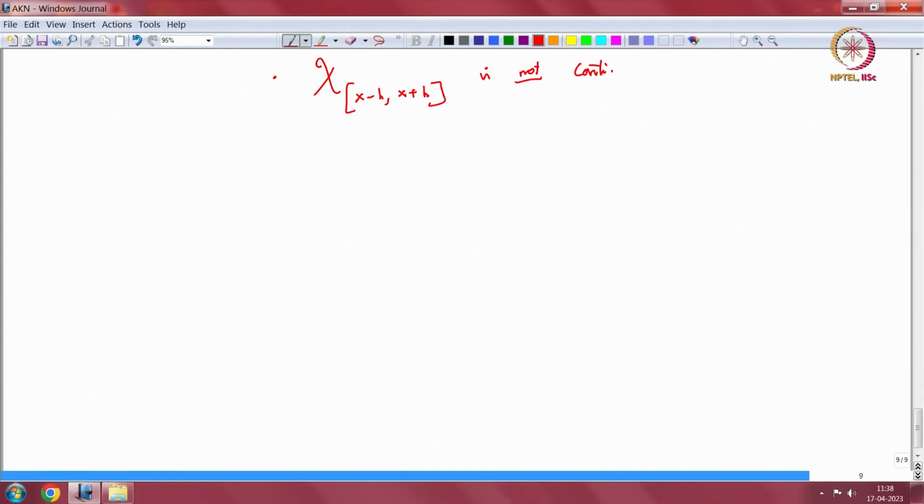By taking the characteristic function of x minus h to x plus h, you localize your function in the neighborhood, which is exactly what we want. But localization can be done, this principle of localization can be done using smooth functions, and this is another exercise which you are going to do.